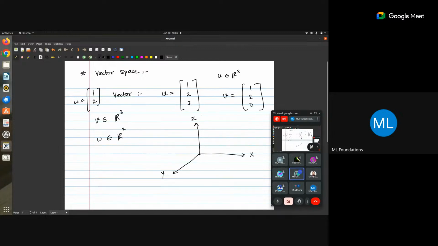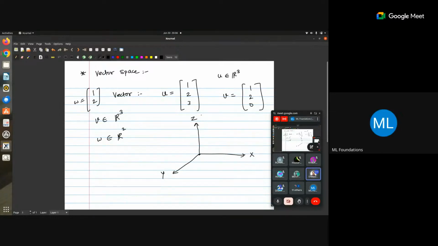They are not the same because v is in three-dimensional space, and w is in two-dimensional space. Even though the x and y coordinates are the same for v and w, they are not the same vectors, because the dimension is different.